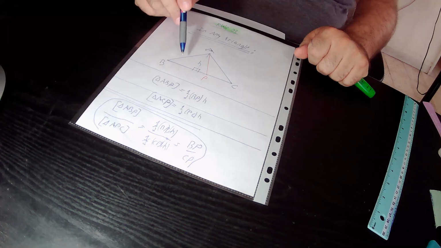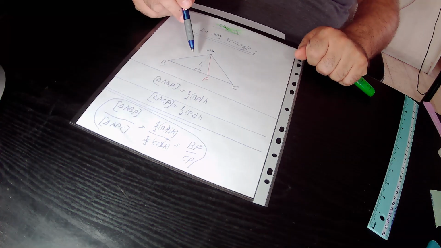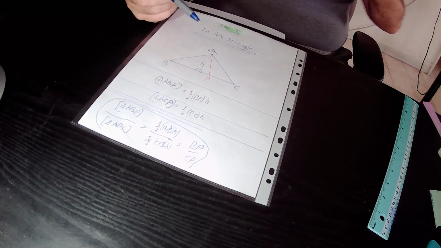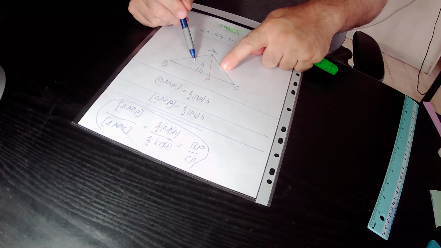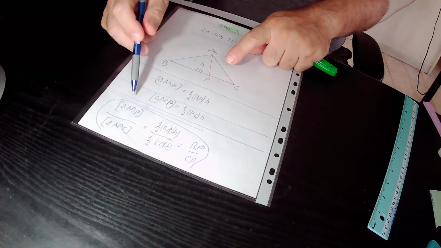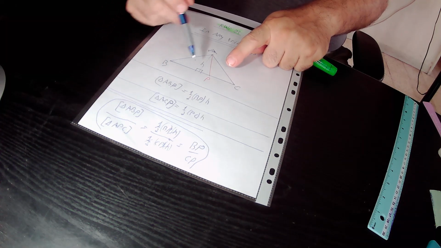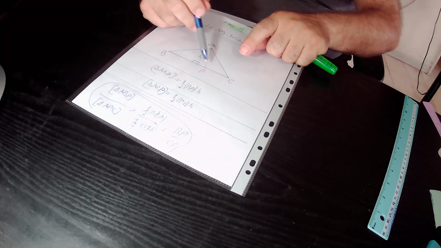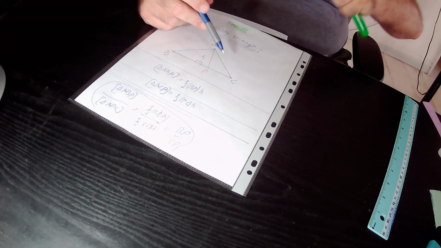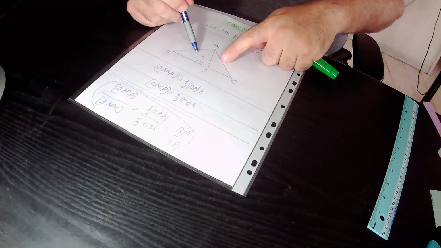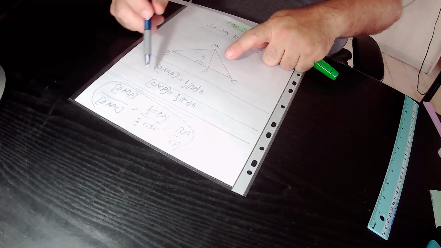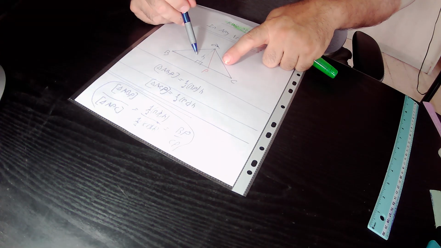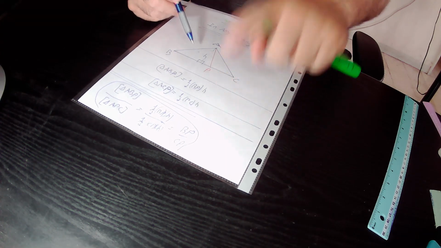BP is the base of triangle ABP, and PC is the base of triangle APC. So in total, the ratio between the areas of those two triangles, triangle ABP over triangle APC, equals the ratio between their bases, that is BP over PC.